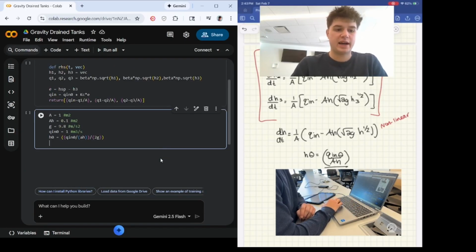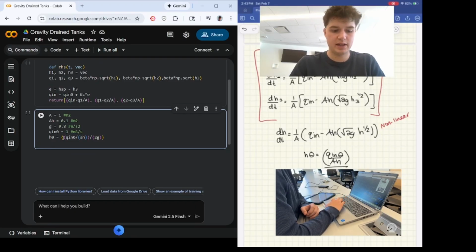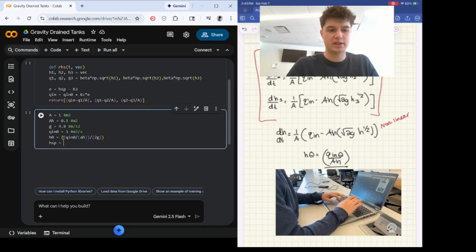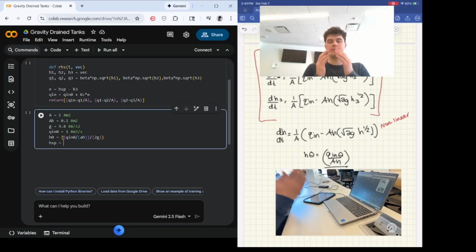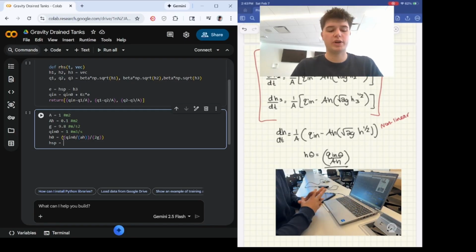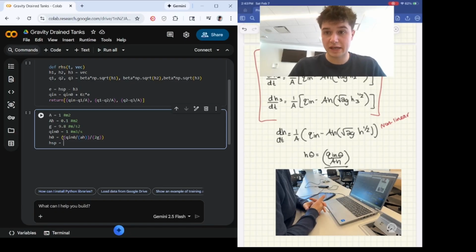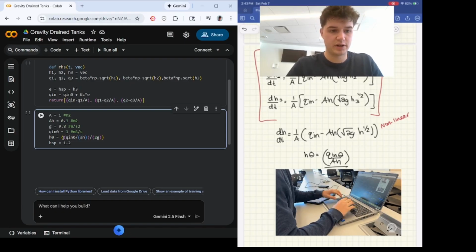We also mentioned how there is a height starting point, HSP, and in the problem statement, it was listed that it was 20% higher. So what you would do here is just do 1.2 times the variable above, H naught.